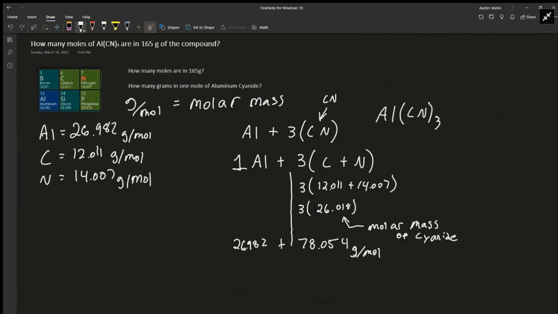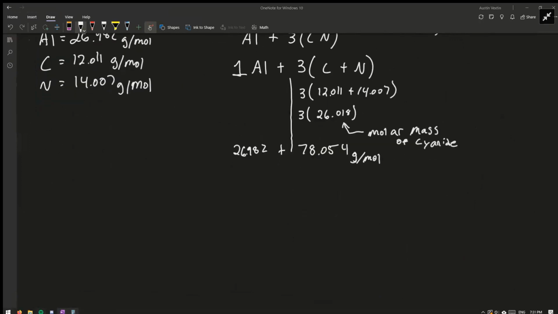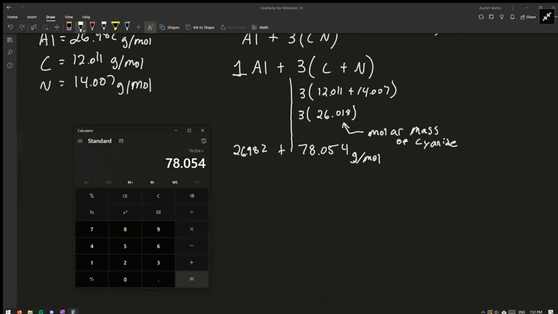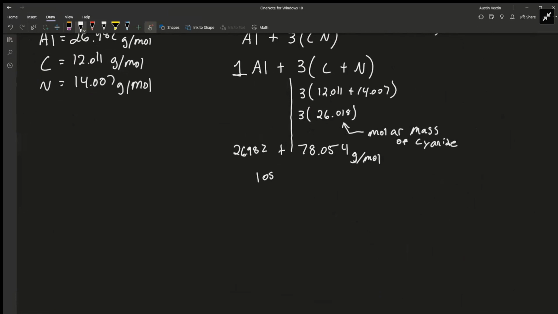Didn't do any math for that, just pulled it off of the periodic table. So let's go ahead and add those together. Plus 26.982, so 105.036 grams per mole. Awesome. So we just found the molar mass of aluminum cyanide.